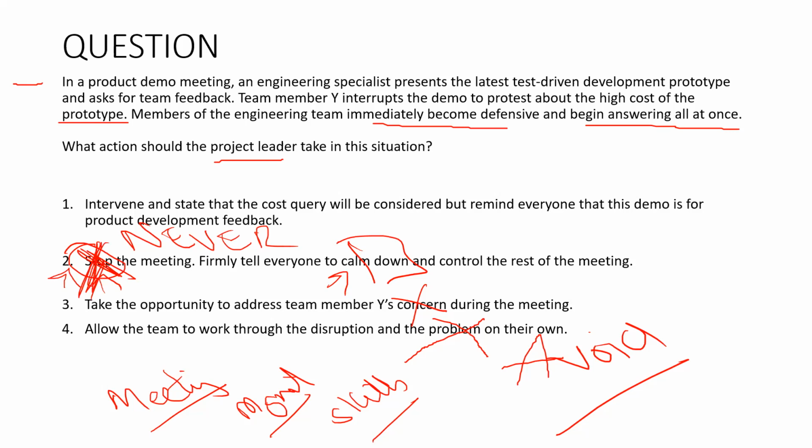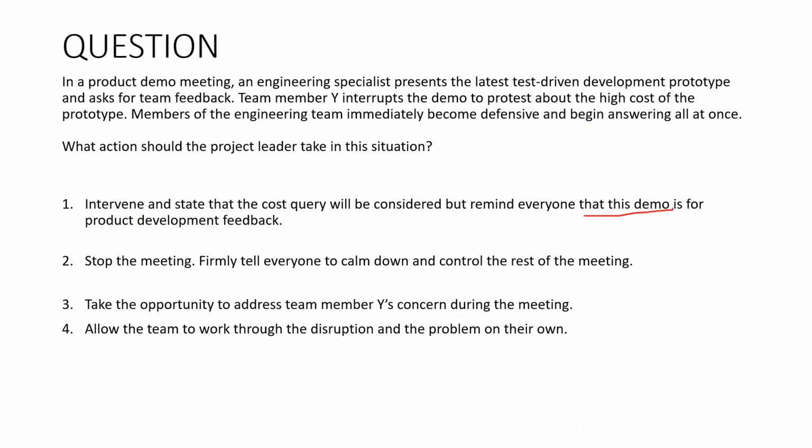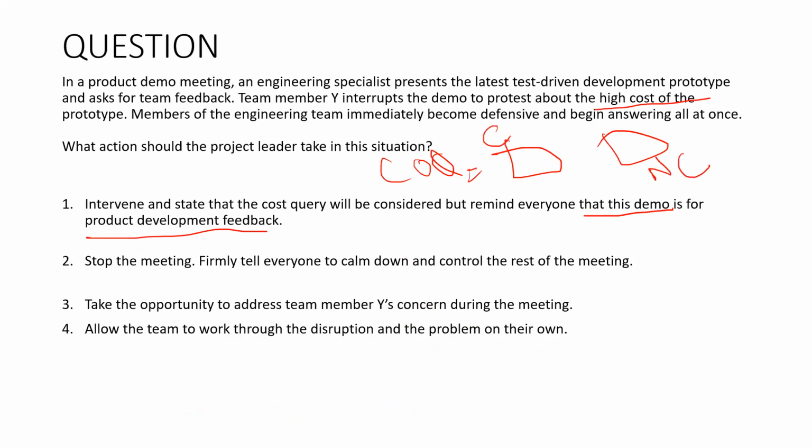So as we said, it is only for the demo purpose. This is for the demo or for the feedback. It's not only the cost. We are seeing many things. Maybe he has the concern about the cost, but once you look at the cost, you can determine that cost of quality is equal to cost of conformance as well as non-conformance, which this user might not be able to know.